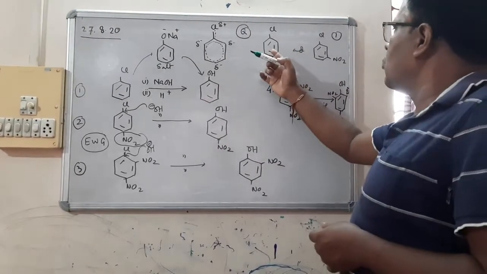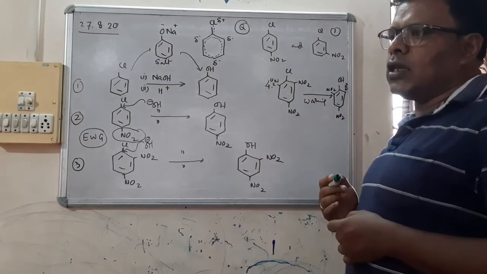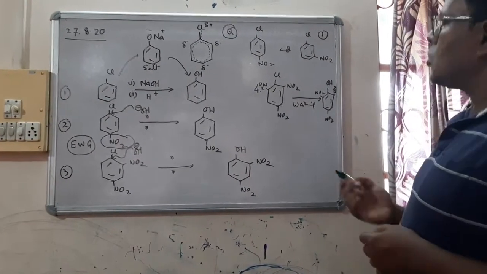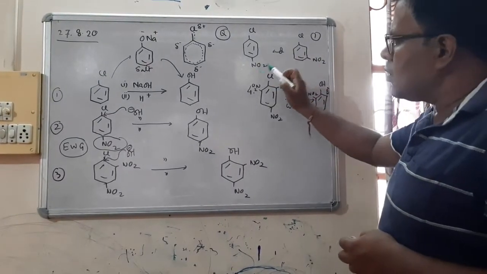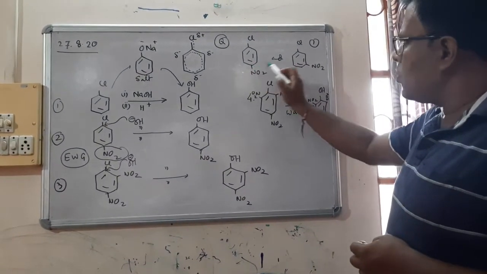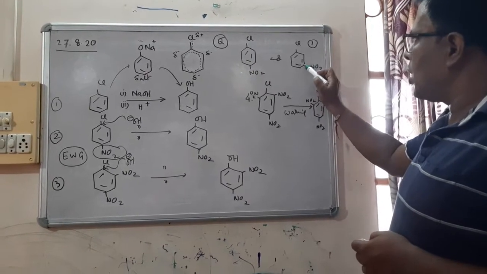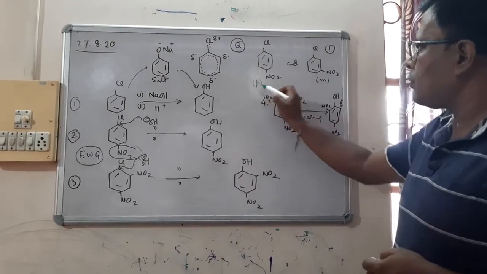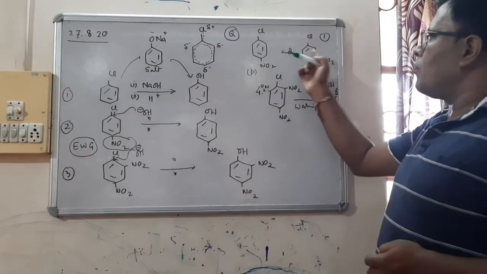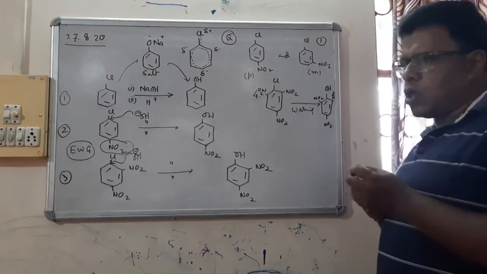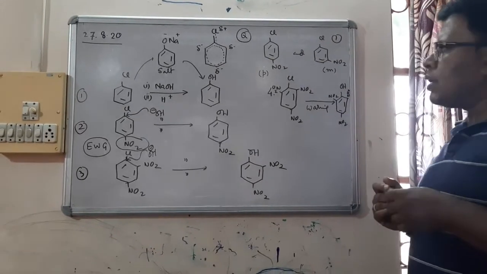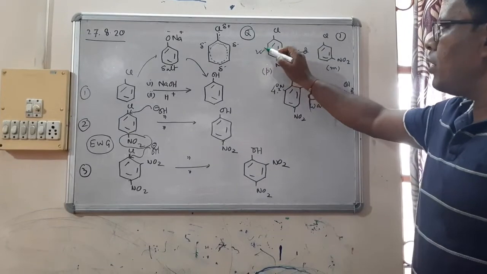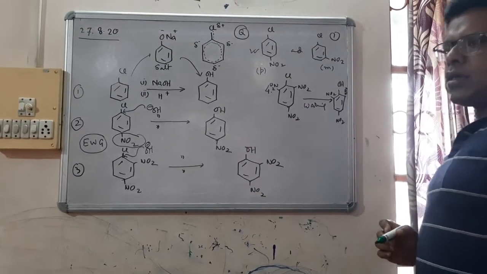Which one will easily undergo nucleophilic substitution reaction, and why? So here, what is the difference? You see here, NO2 is at para position, and here NO2 is at meta position. This is the meta and this is the para isomer. So which one of these two will be undergoing nucleophilic substitution readily? The answer is this one. This one will undergo nucleophilic substitution readily.